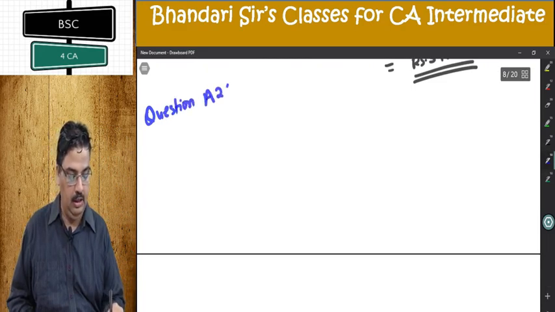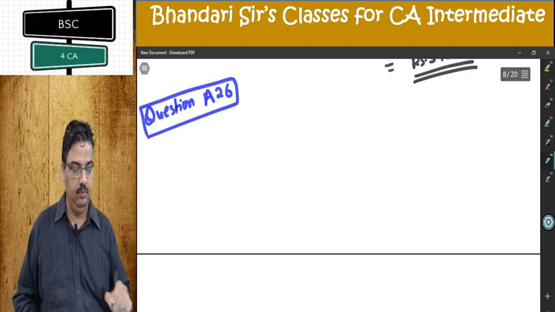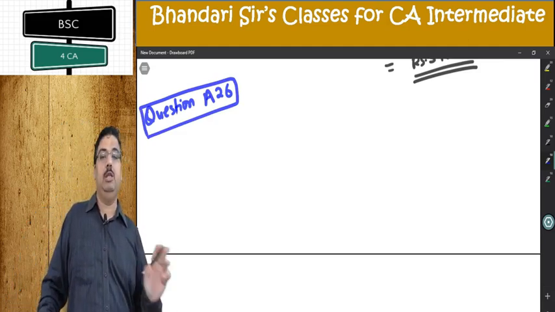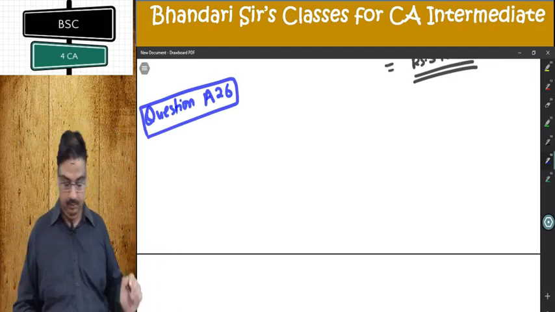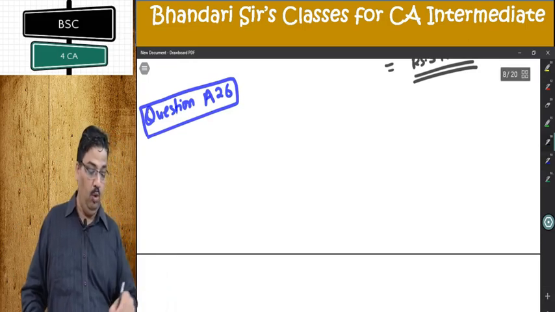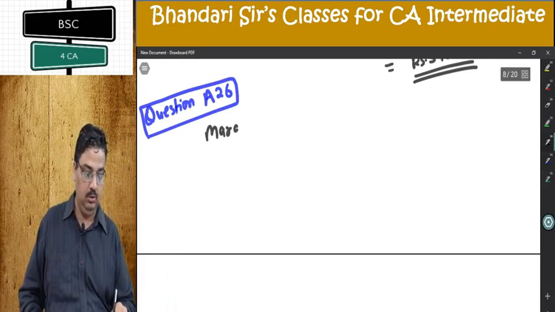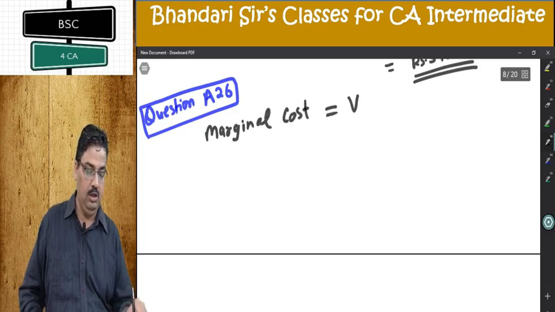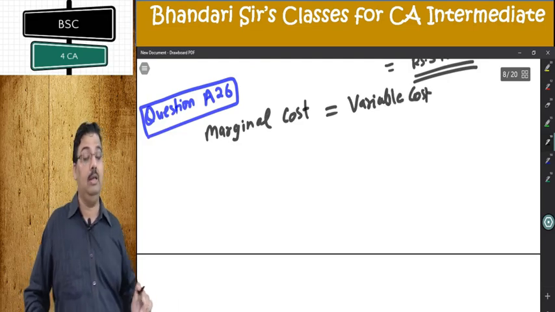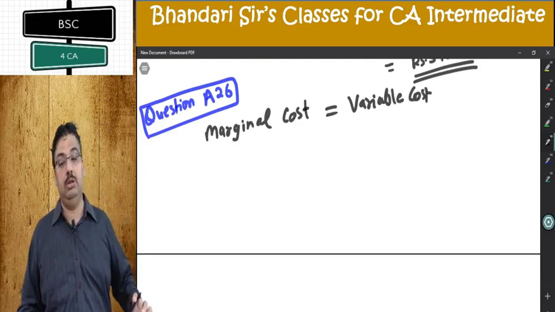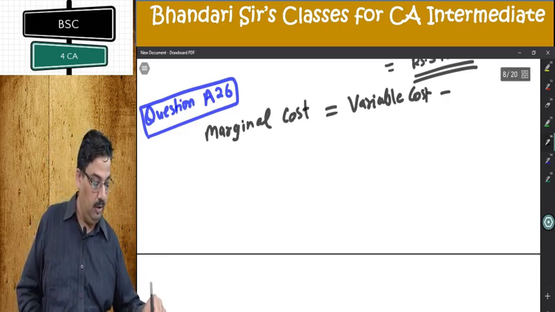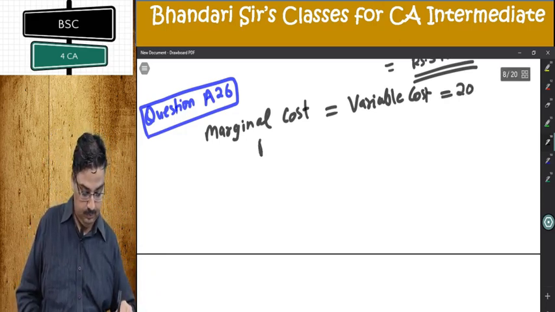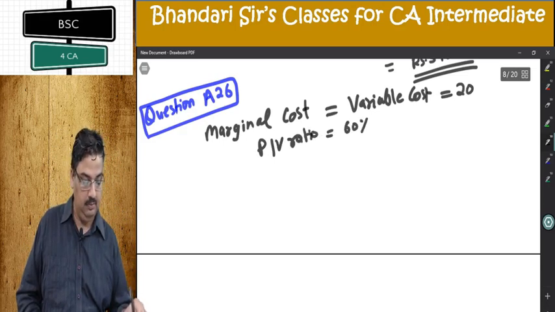Next one. Question A26. Simplest possible, smallest possible question here. You only need to know what is marginal cost. Marginal cost is equal to variable cost. Cost that changes under marginal costing assumptions is variable cost. So variable cost is 20 rupees. PV ratio 60%.